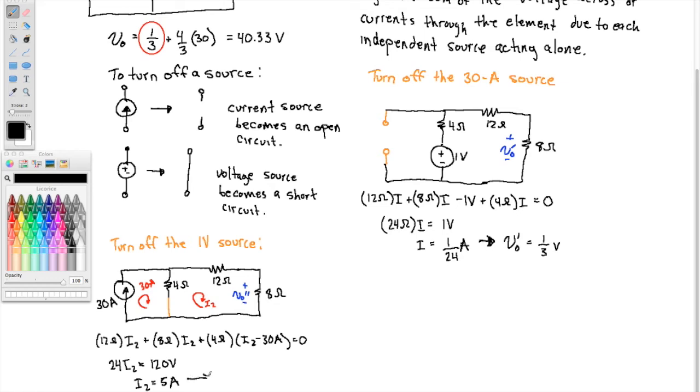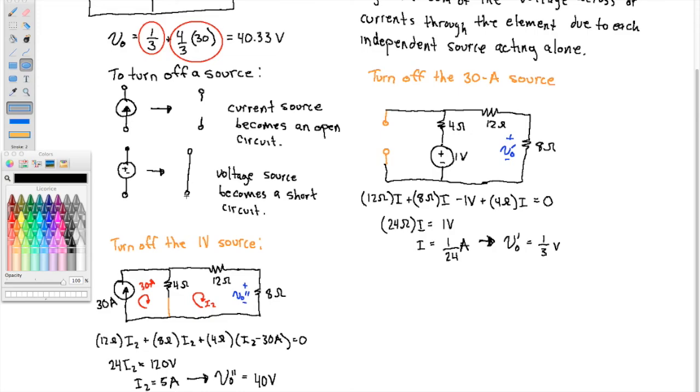So if I2 is 5 amps, what's the voltage drop? 5 times 8 is 40 volts. And again, I want to point out here that that answer is this piece right here.